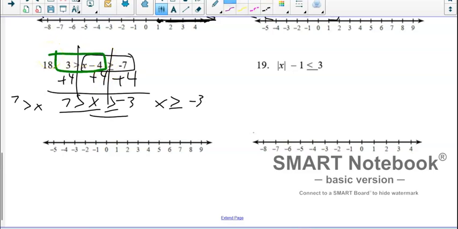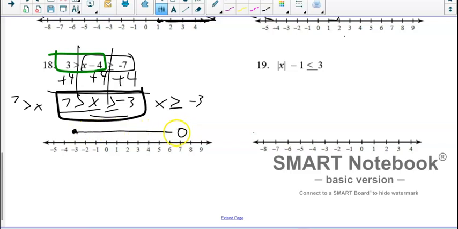It's just more work that way. This is the preferred way of doing it. X is between negative 3 and 7. Negative 3 has a solid dot. 7 has an open dot. And like the previous problem, in between.